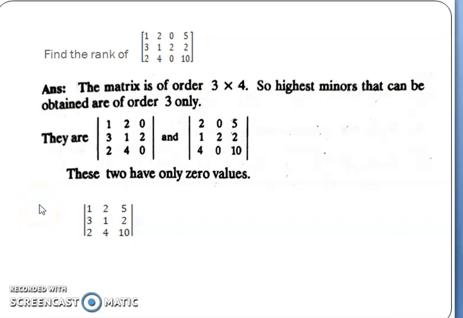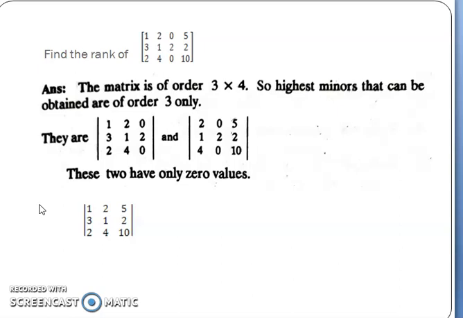Next, find the rank of 1 2 0 5, 3 1 2 2, 2 4 0 10. It's a 3 by 4 matrix, so the highest minors that can be obtained are of order 3 only.